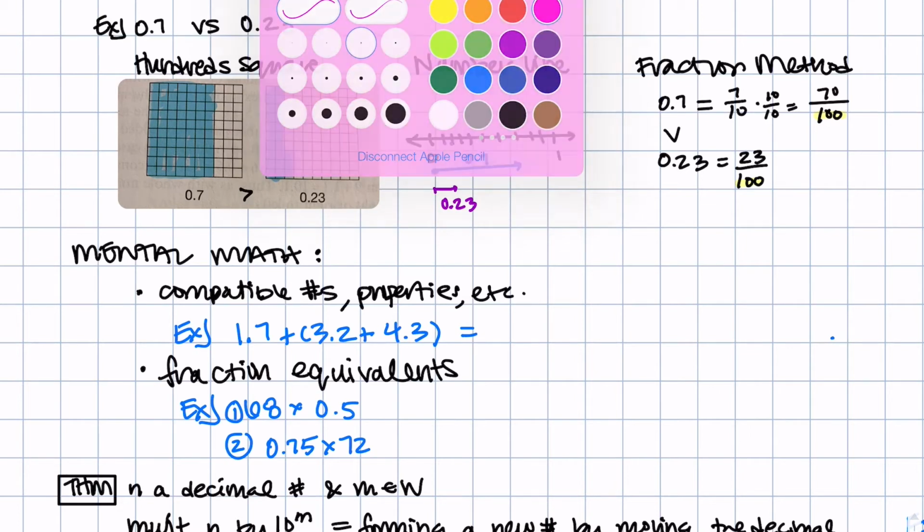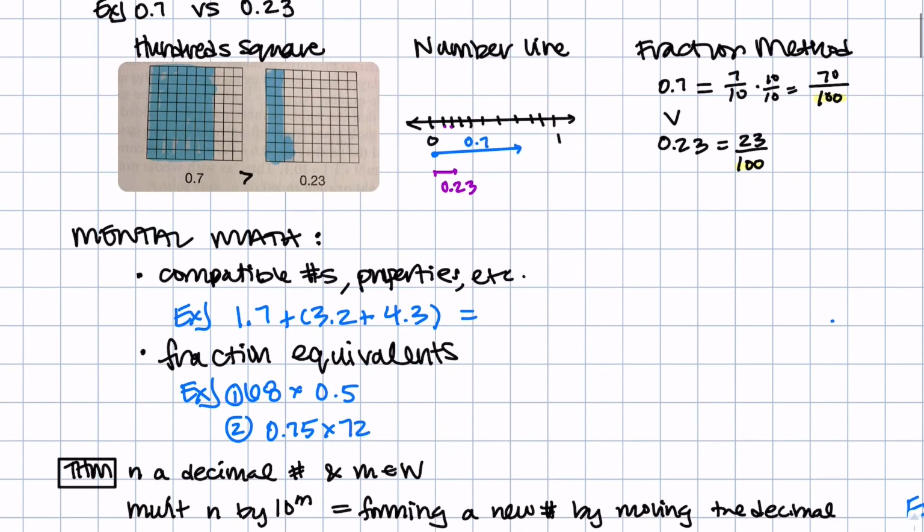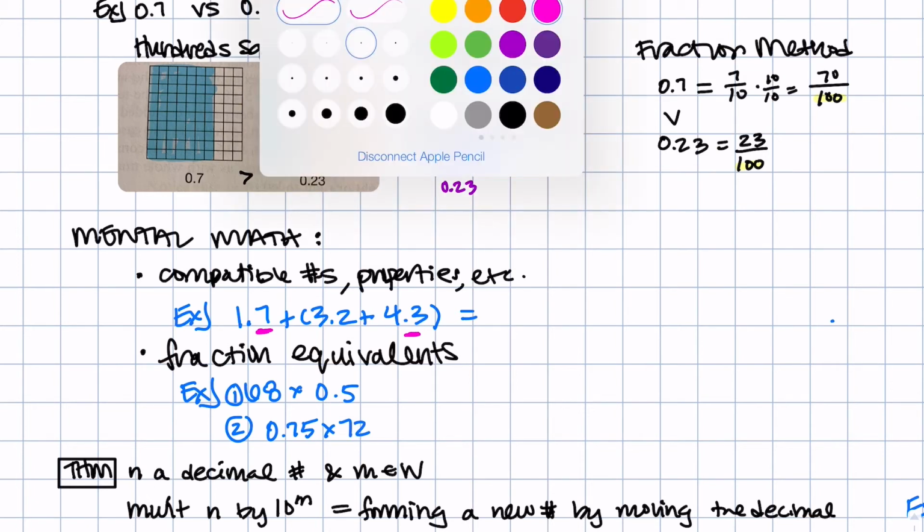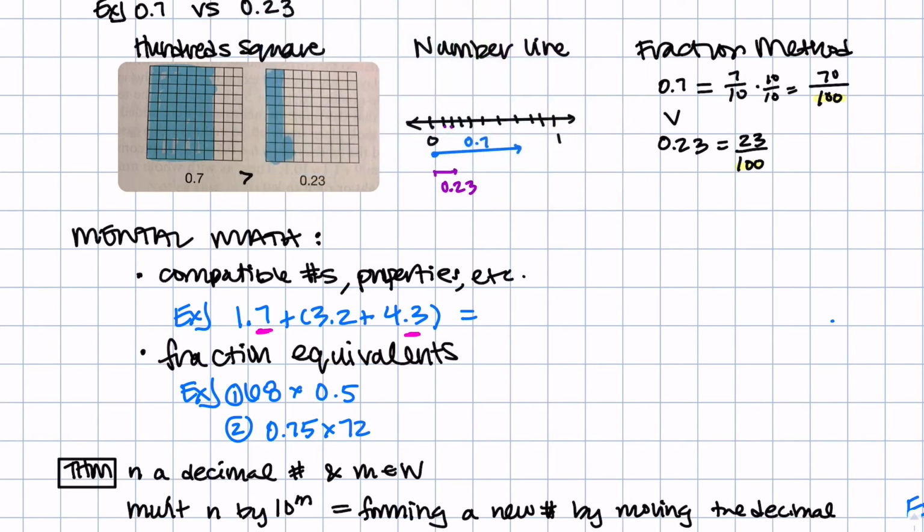So for instance, in this example where we are adding 1.7 plus 3.2 plus 4.3, I might notice that if I take 0.7 and 0.3 and add those two together, I get 1. So those are compatible decimals in this sense. One way I would rewrite this problem would be to add those two numbers together first.